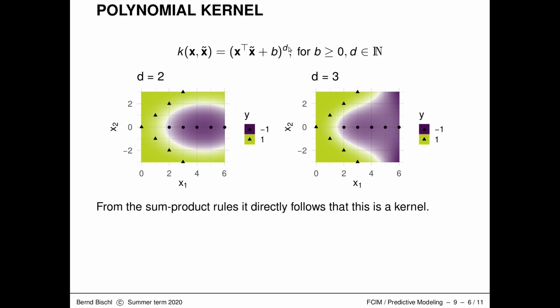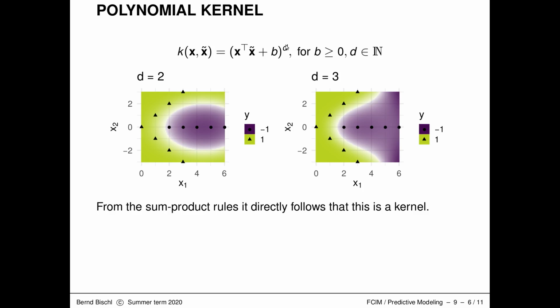And such a kernel is a kernel, which you can easily check by using our sum and product rules. First of all, we know that this is a kernel, because that's the linear kernel. We know that b is a constant kernel, so the sum is again a kernel, and if we take this to the dth power, because of the product rule, we again know that this is a kernel.